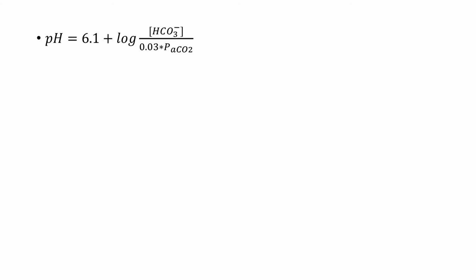And with that substitution, we have our new equation, our final Henderson-Hasselbalch equation that we saw earlier. pH of the blood is equal to 6.1 plus log of bicarbonate over the quantity 0.03 times the partial pressure of CO2. Now, if we just use typical numbers to get a feel for what this equation means, we can say the typical concentration of bicarb is 24.